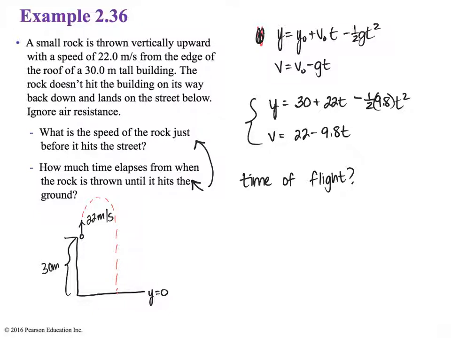Well, then I have to ask myself, when the rock gets to this location, what do I know is true? Now, a lot of people want to say, oh, well, the speed will be 0. That's not true. The speed will be 0 after it hits the ground, but it will hit the ground with a certain velocity. So we don't know what that is, though.